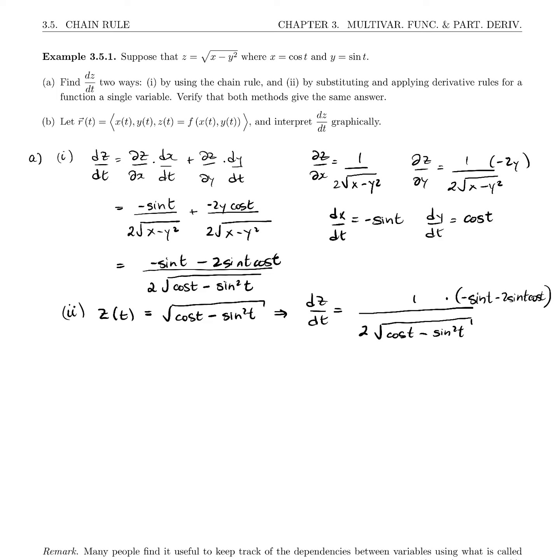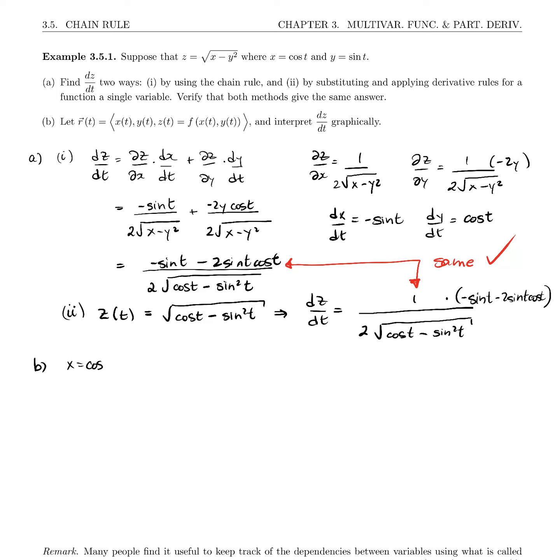And so we're supposed to compare between our answers in the first part and the second part, and we see that we actually do get the same answer both ways. What then is the geometric or ageometric interpretation of dz dt? Well, let's start by reminding ourselves x is cos t and y is sine t.